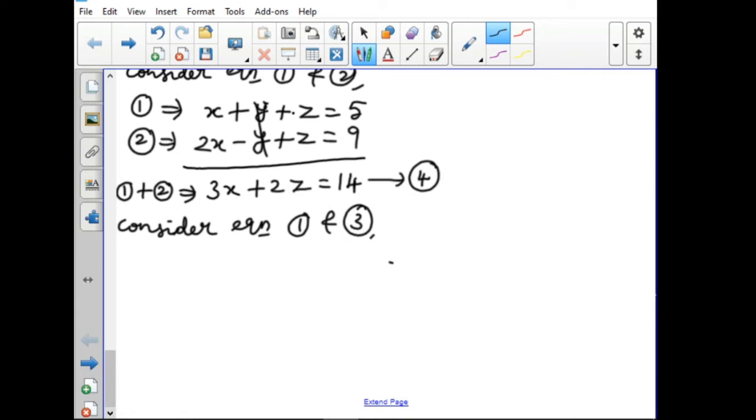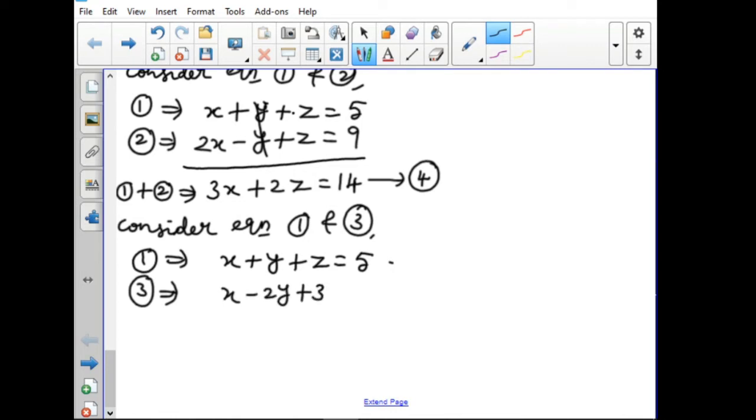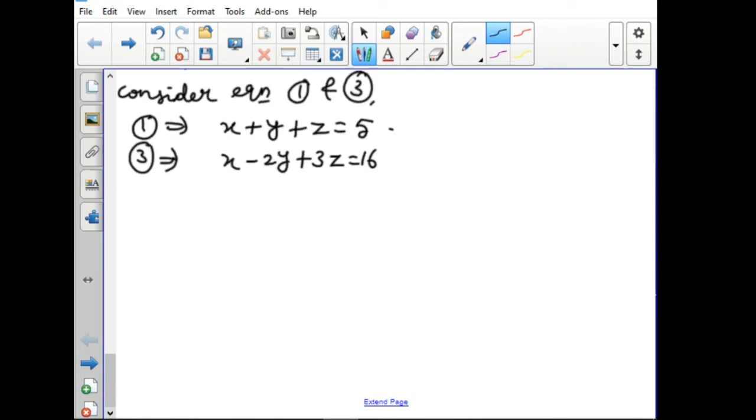Equation 1 is x plus y plus z equal to 5. Equation 3 is x minus 2y plus 3z equal to 16.